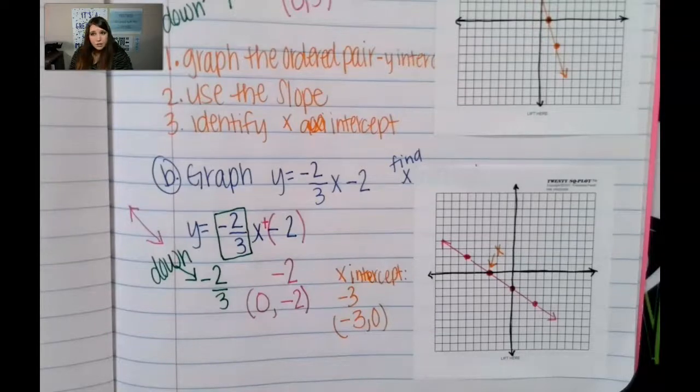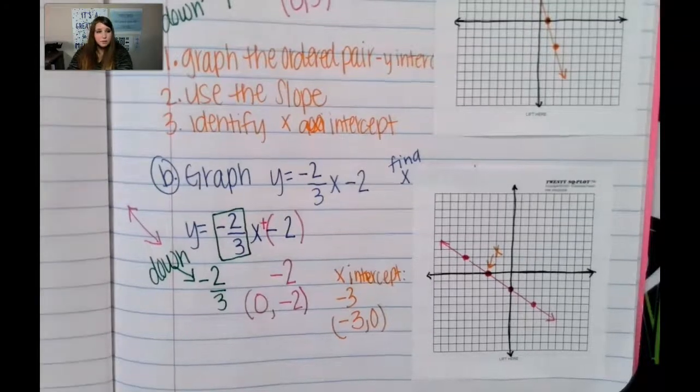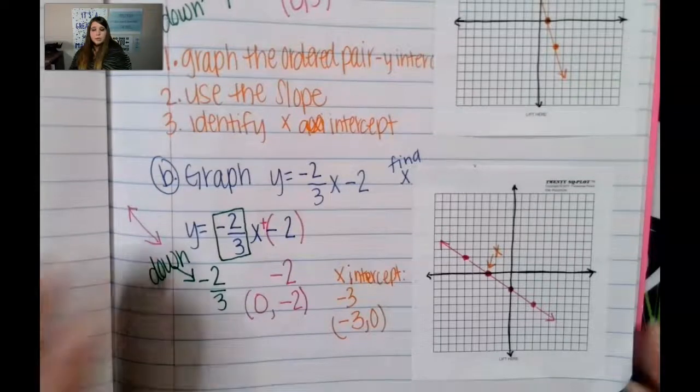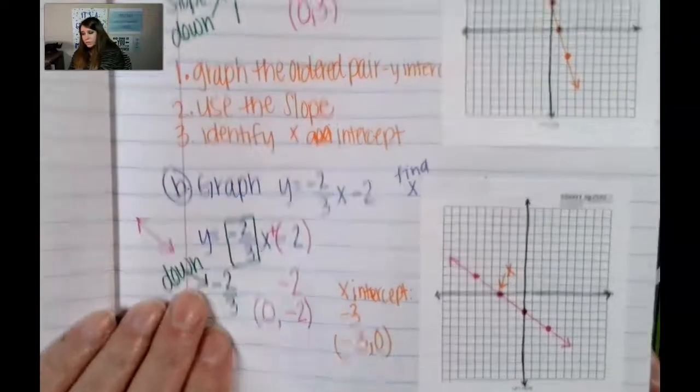All right, I want to do one more example with you so that you have another example that you can use. And in this example, I want to do a positive slope so that you can see how the line goes upward.